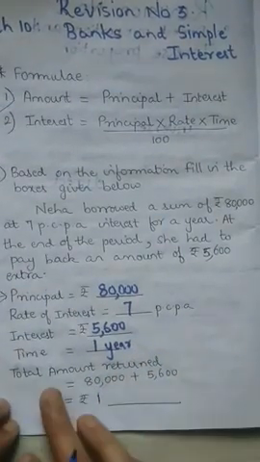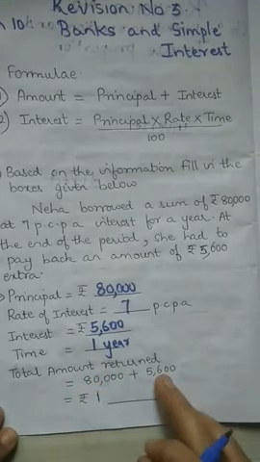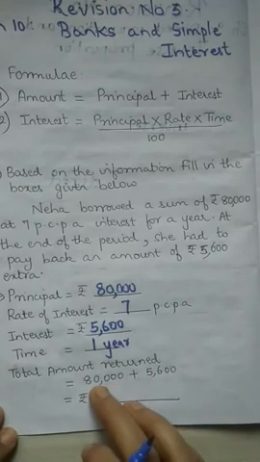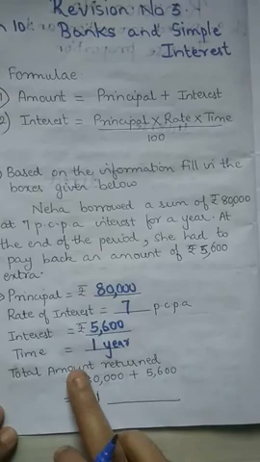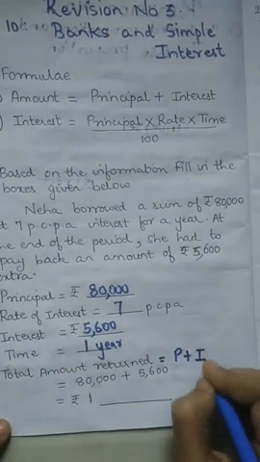Total amount returned, they have written 80,000 plus 5,600. 80,000 is nothing but principal plus interest. Interest is 5,600. That gives you amount, correct? Here the formula that they are using is principal plus interest.